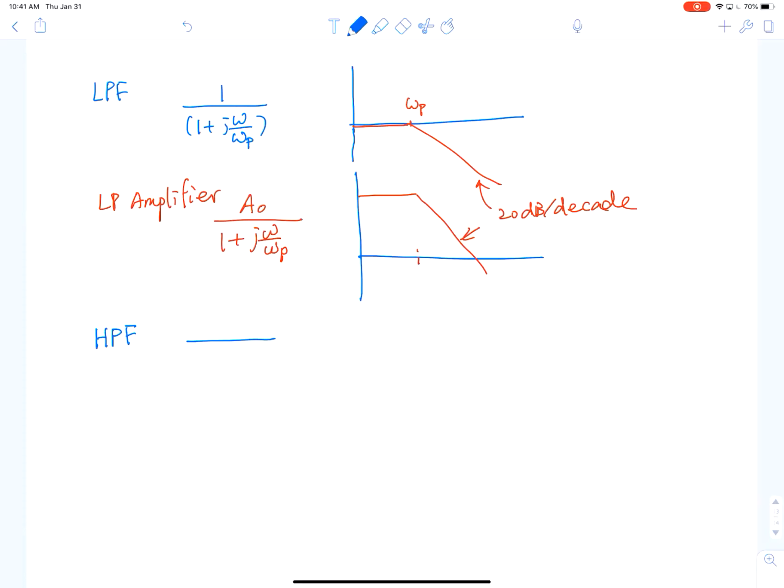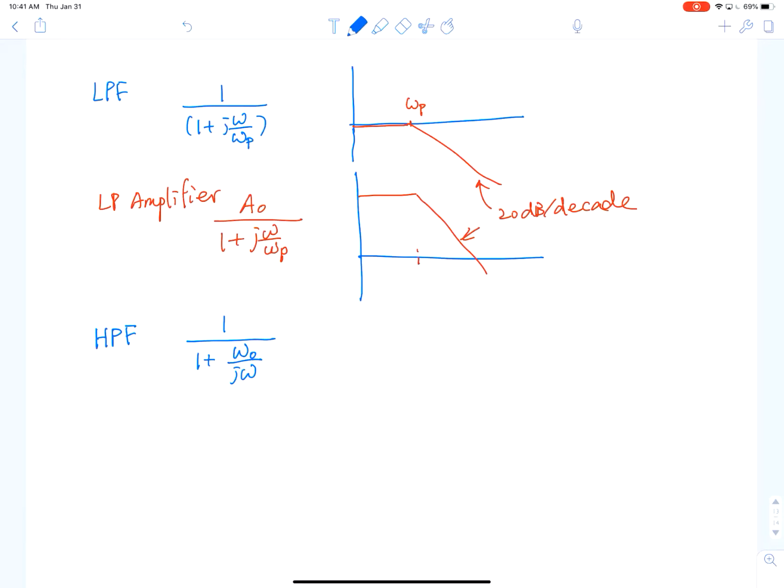One form is 1 plus omega naught divided by j omega. Okay, this is not a typo. This is not a misprint. This is not the same as the low-pass filter.